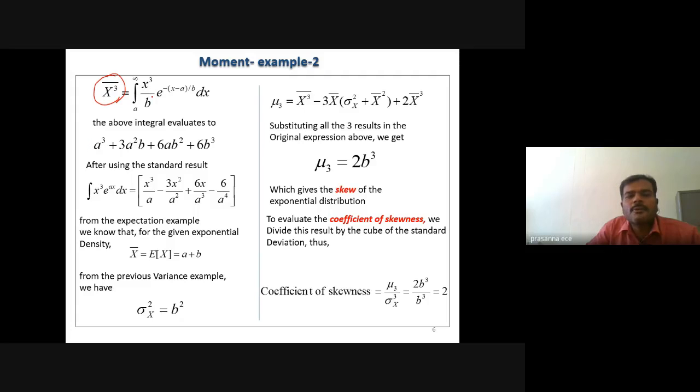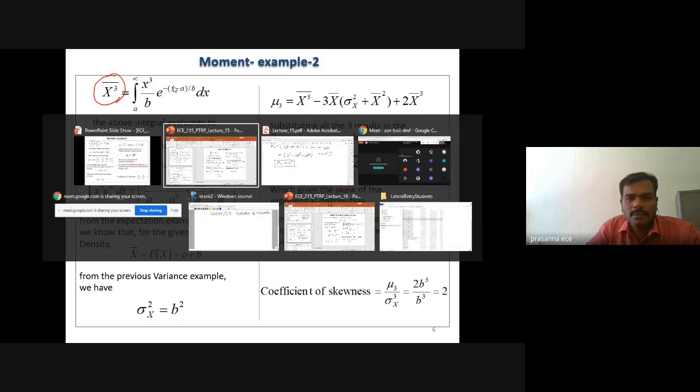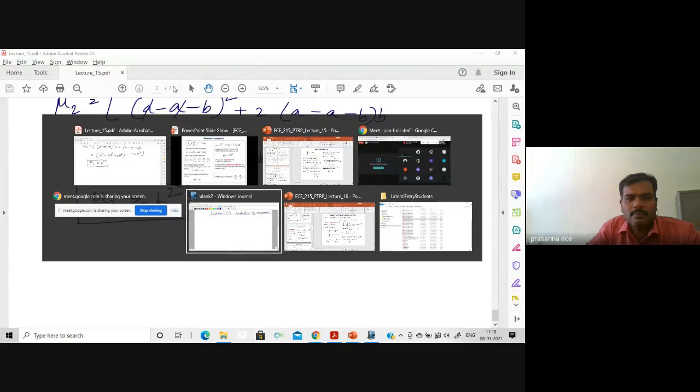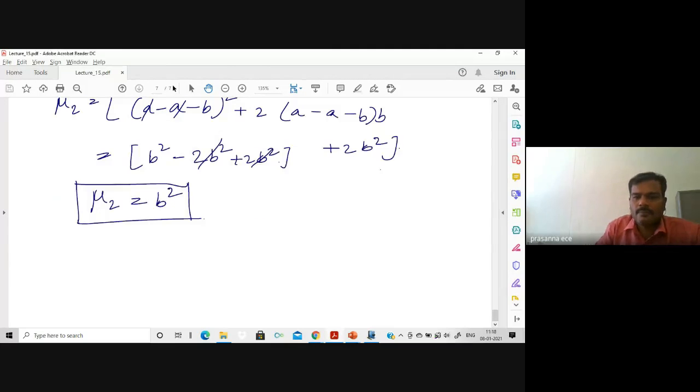What is x cube the whole bar? E of, so just recall what is x cube the whole bar. Let me go to my notes. We'll take this as example 2.